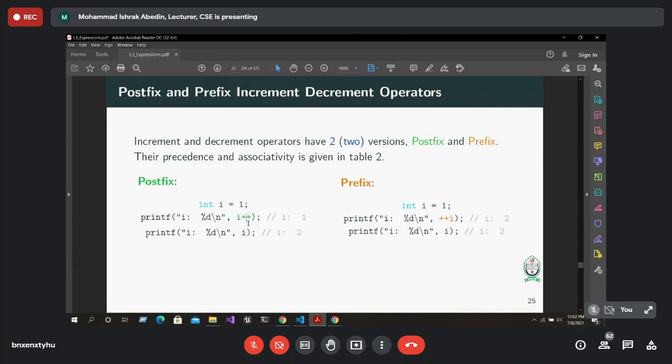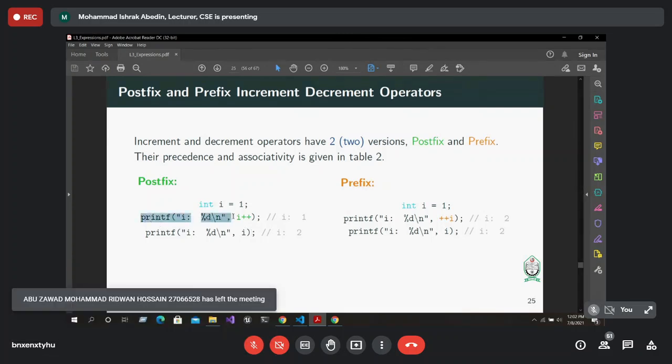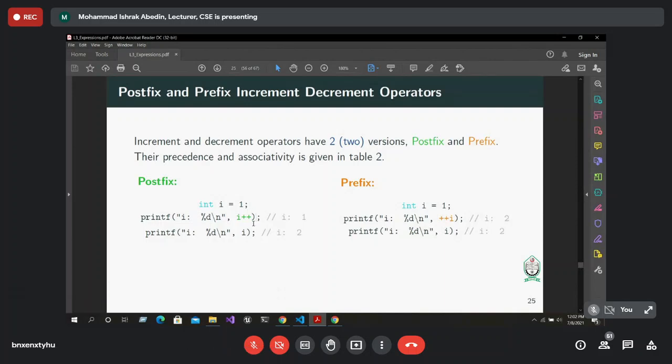What it does, the compiler plays a trick here. When this whole statement is executed, the compiler says, okay, I need to increment I, but it doesn't immediately increase the value of I. The existing value of I is passed inside this printf statement. The printf prints I is equal to 1, and after the execution of this statement is over, somewhere between this statement and the next, the value of I is increased by 1, and whenever you try to print I next, it will be 2.